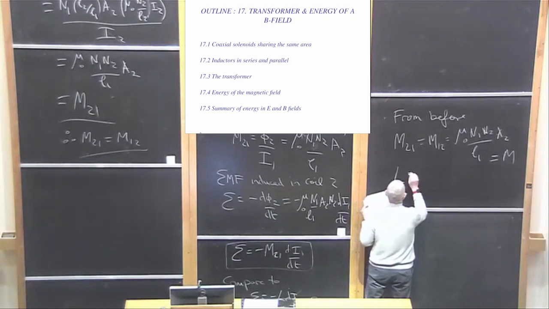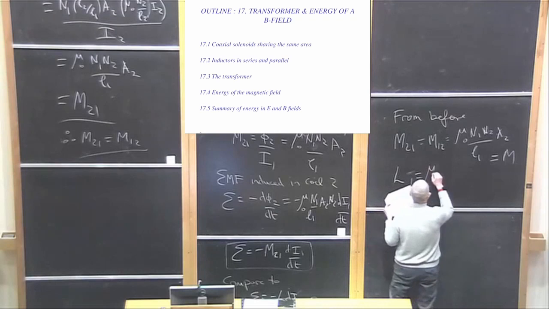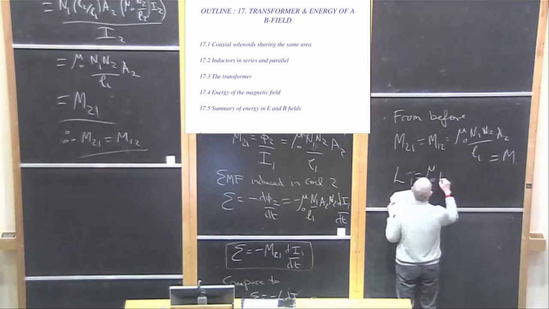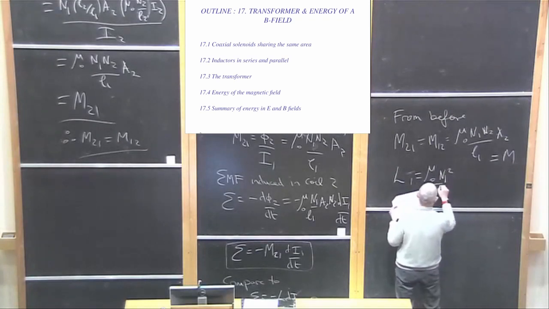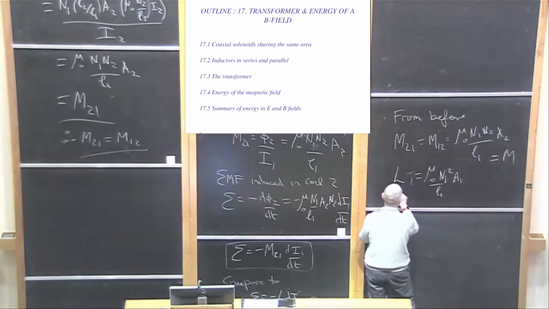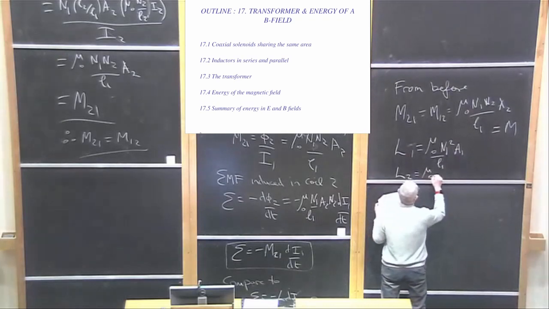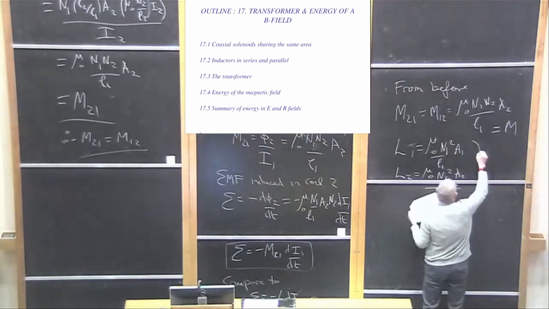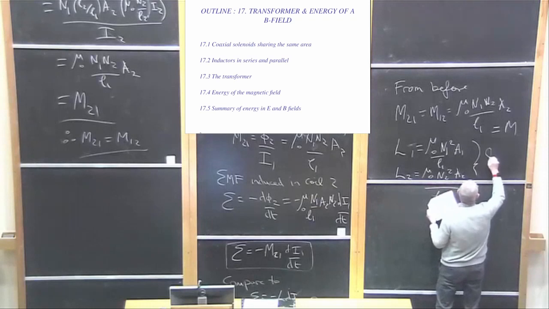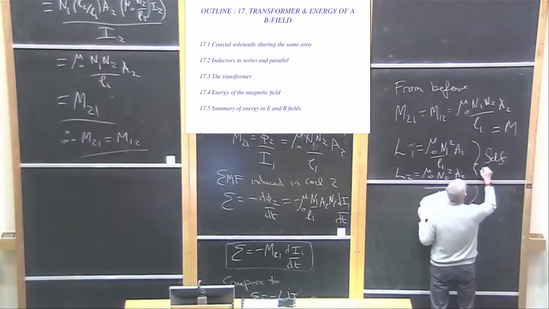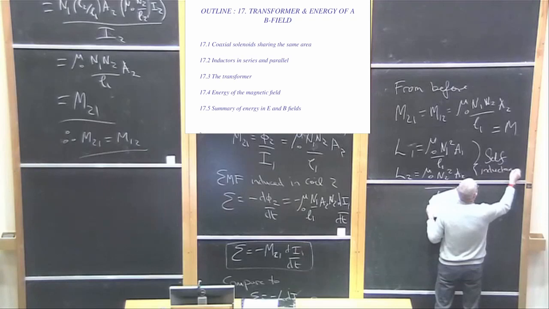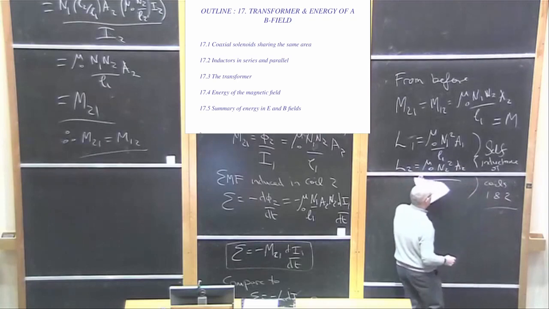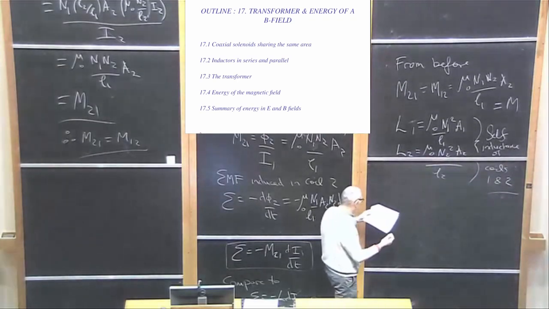So I'm going to write down, first of all, L1, the self-inductance: mu naught N1 squared A1 over L1, and L2 equals mu naught N2 squared A2 over L2. So those are the formulas for the self-inductance.